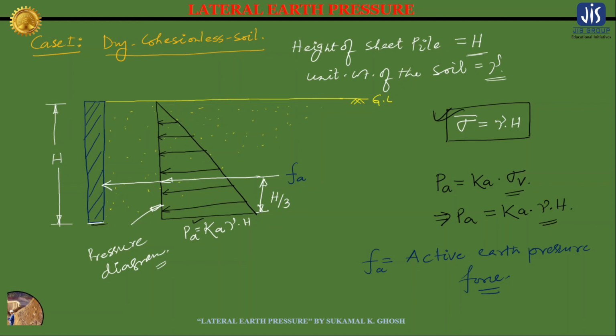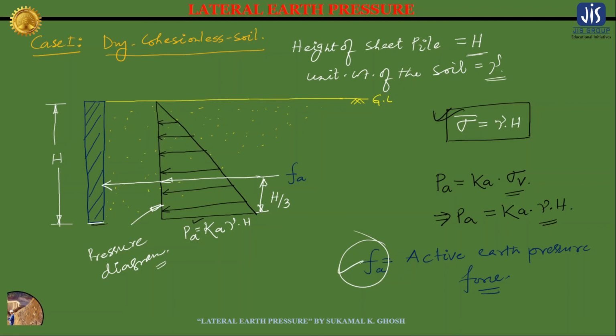Okay, in this situation our main purpose or motivation should be the calculation of this active earth pressure force. Okay, because if we know the value of this active earth pressure force, then we may design the sheet pile or any kind of retaining structure. Okay, it means this force Fa may try to overturn this particular sheet pile or any kind of retaining structure, since a moment will occur due to this force Fa, right?